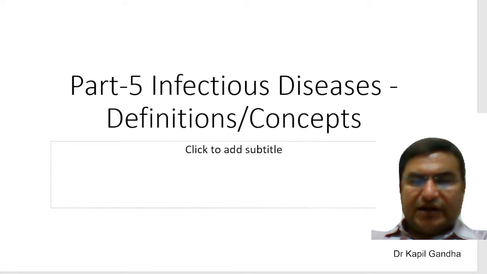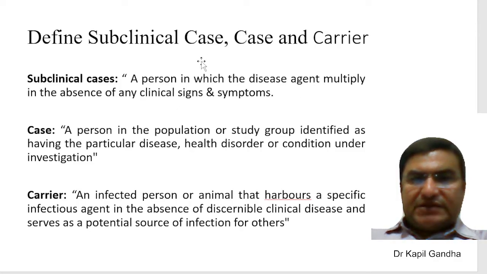Dear student, in continuation of our previous discussion, we are here with a few more definitions in the topic of infectious disease. What is a subclinical case, what is a case, and what is a carrier? A subclinical case is a person in whom the disease agent multiplies in the absence of any clinical sign and symptom.